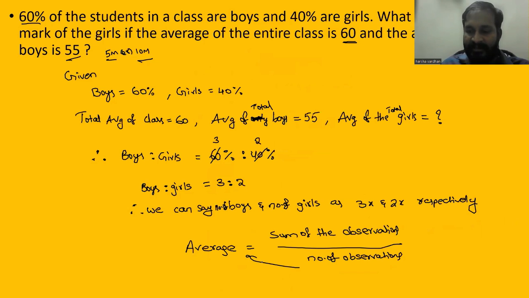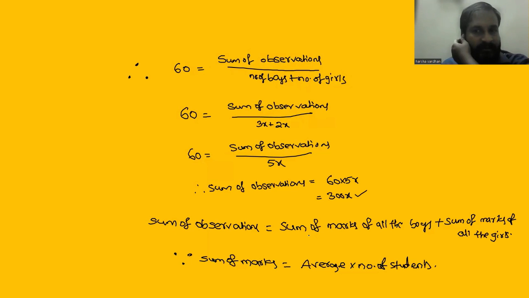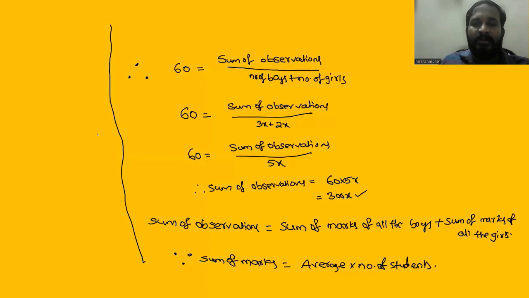Nothing more than that. So sum of marks is equal to average into number of observations.